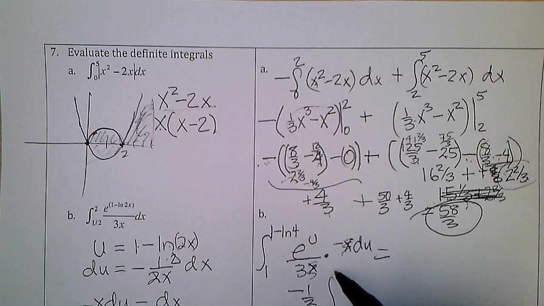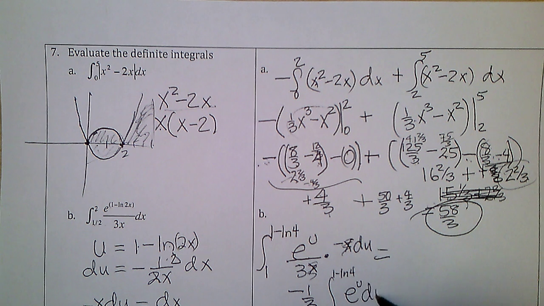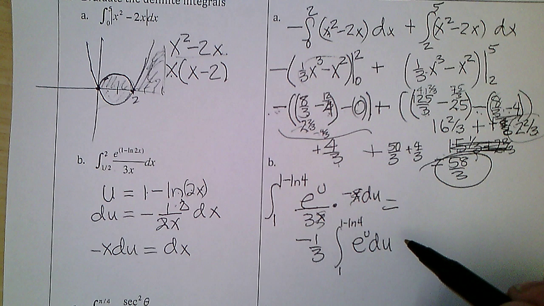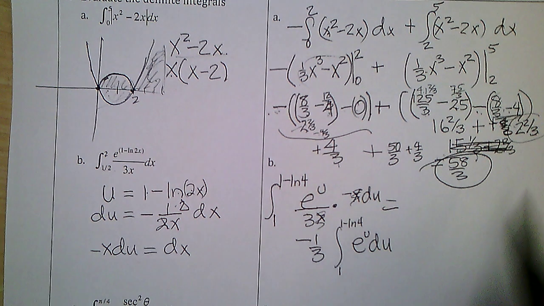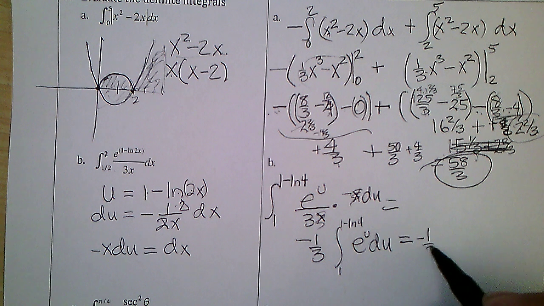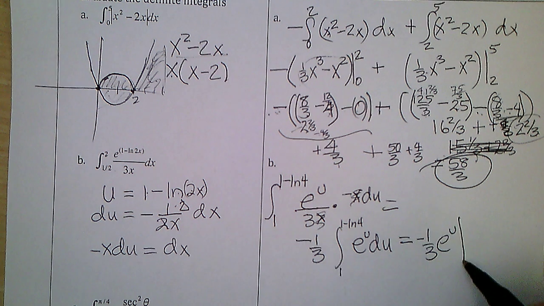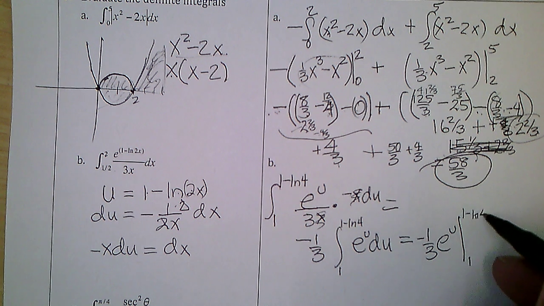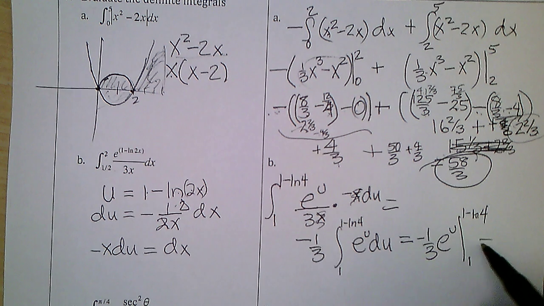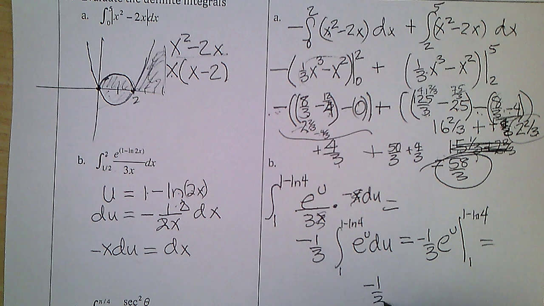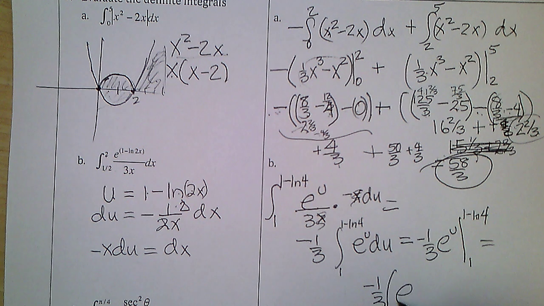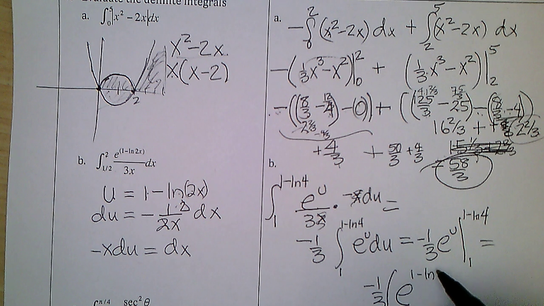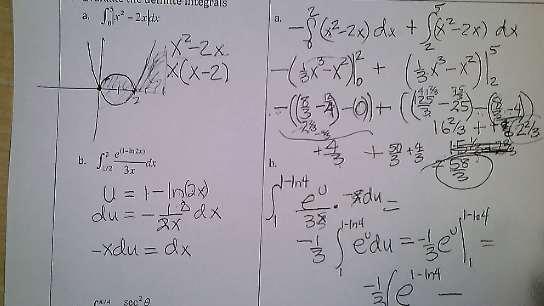Integral from 1 to 1 minus ln 4 of e to the u du, and the integral of e to the u is just e to the u, so we get minus 1/3 e to the u evaluated from 1 to 1 minus ln 4, which is minus 1/3 e to the 1 minus ln 4 minus 1 in here, e to the 1 is e.